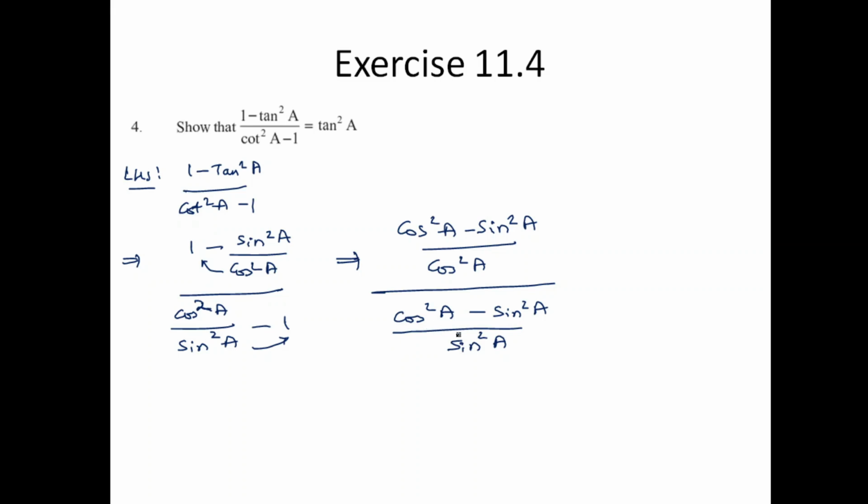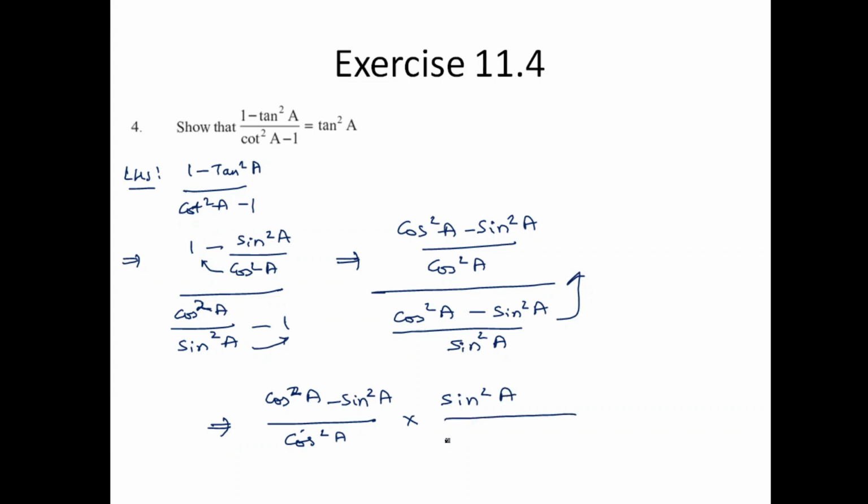So let me shift the whole denominator upwards. Cos square A minus sine square A by cos square A into sine square A by cos square A minus sine square A. So this one is directly removed.